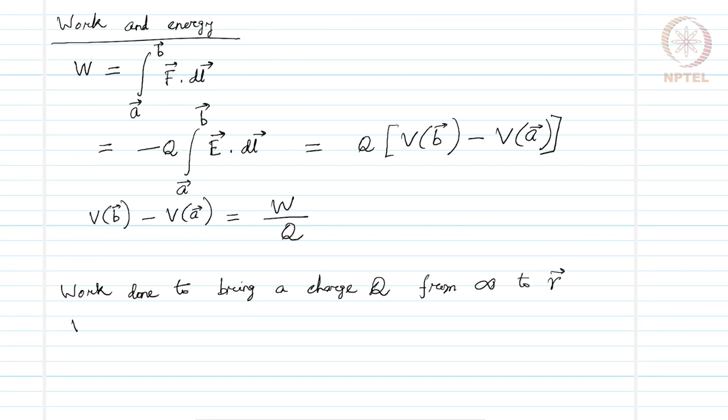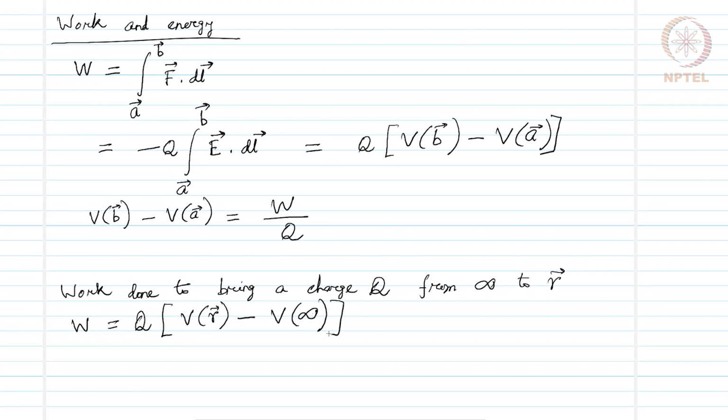The amount of work done in this process would be Q times (VR minus V infinity), just like what we have seen earlier.